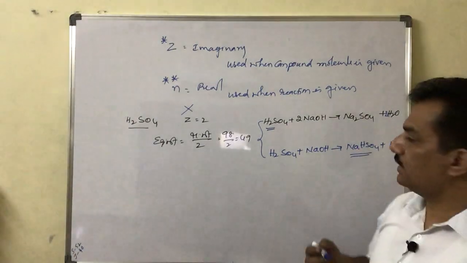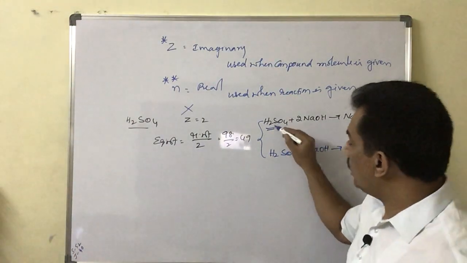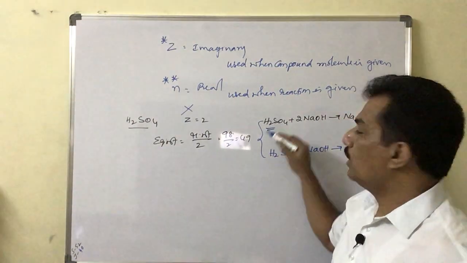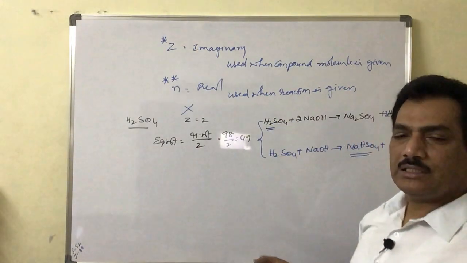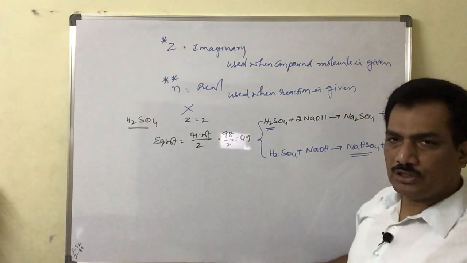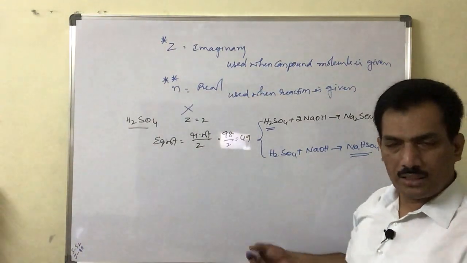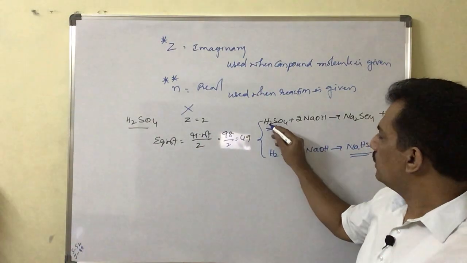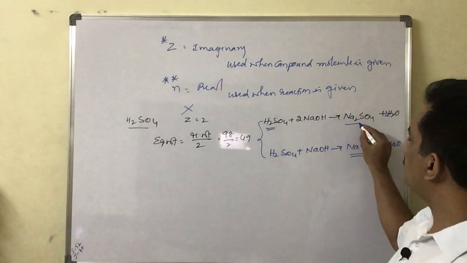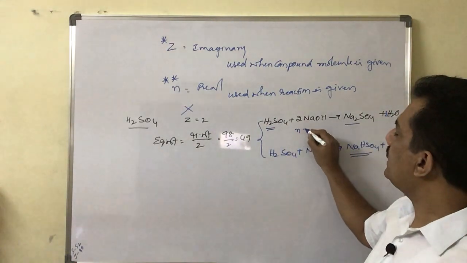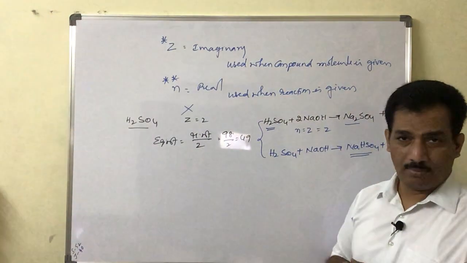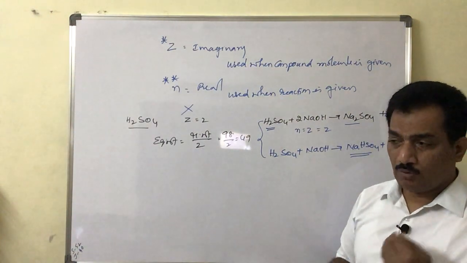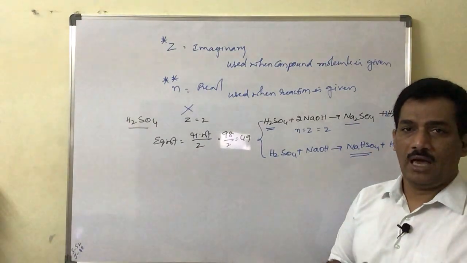The reality is, even though H2SO4 has 2 replaceable hydrogens, whether it replaces both hydrogens present in the molecule or not. In the first case, the 2 replaceable hydrogens are replaced, so N is Z, equal to 2. Sometimes what we imagine is the same thing that happens.